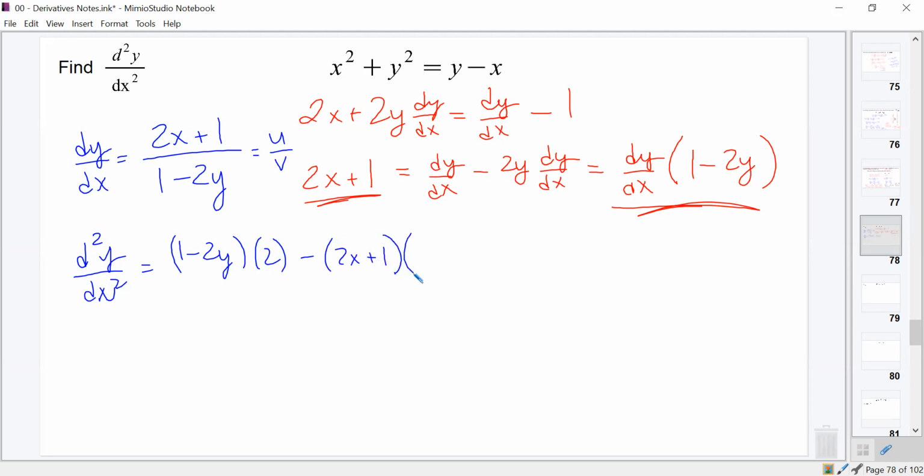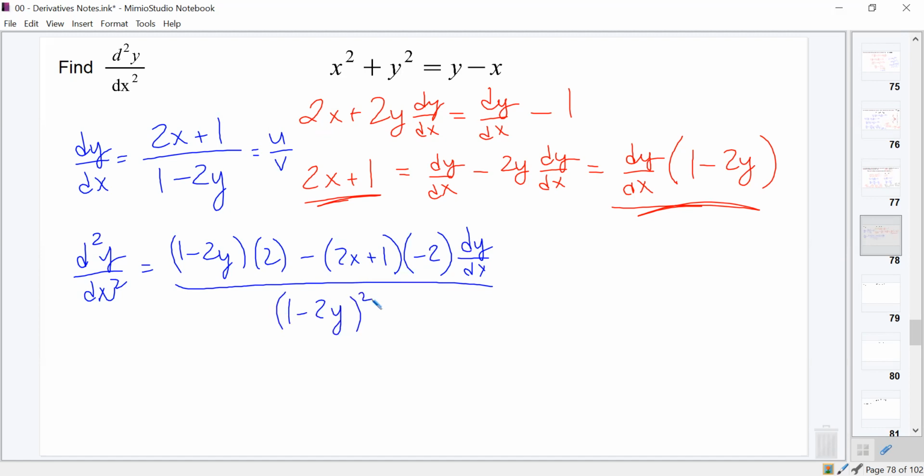And we have to be careful here. As we take the derivative of v, the 1 goes away. And the derivative of -2y is -2. But remember that we're taking a derivative with respect to x. So the derivative of -2y with respect to x is -2 times dy/dx. And this is all over the denominator, (1 minus 2y) squared.